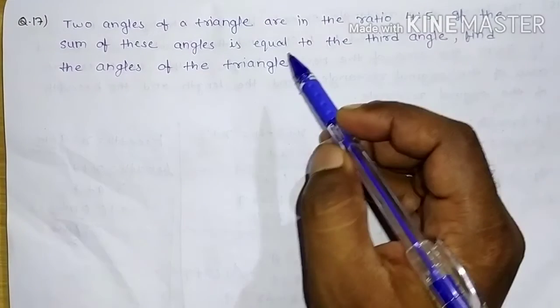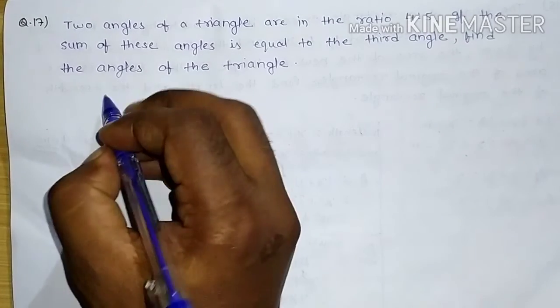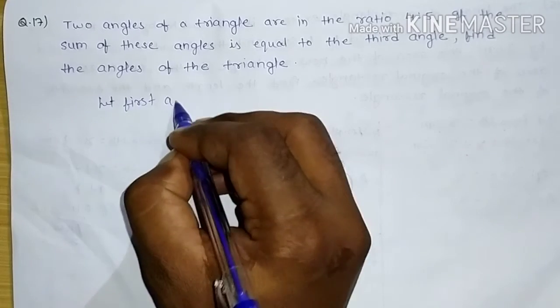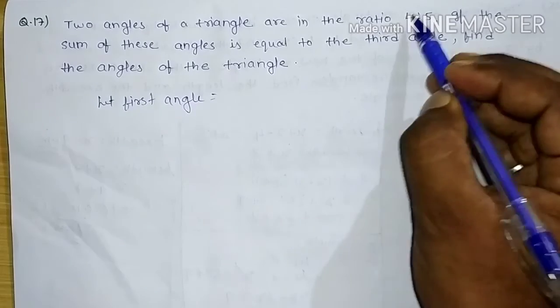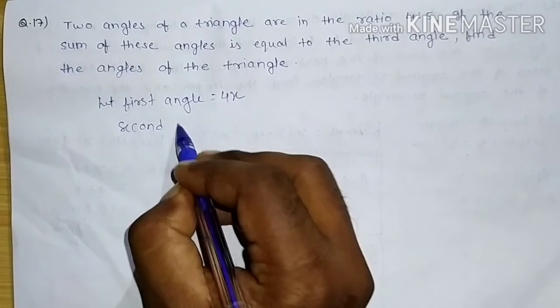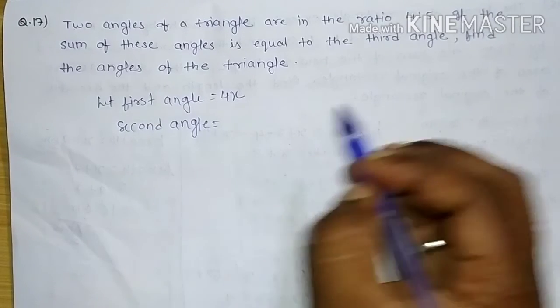Two angles of a triangle are in the ratio 4:5. So let the first angle equal 4x and the second angle equal 5x.